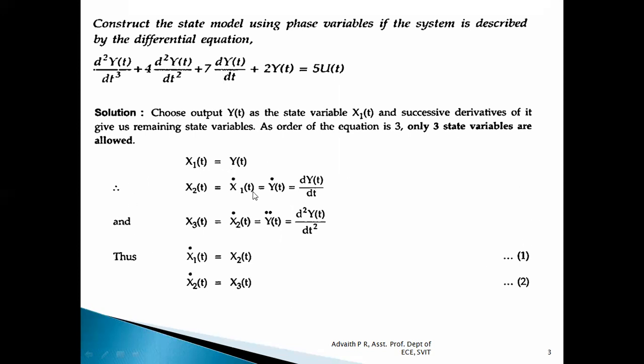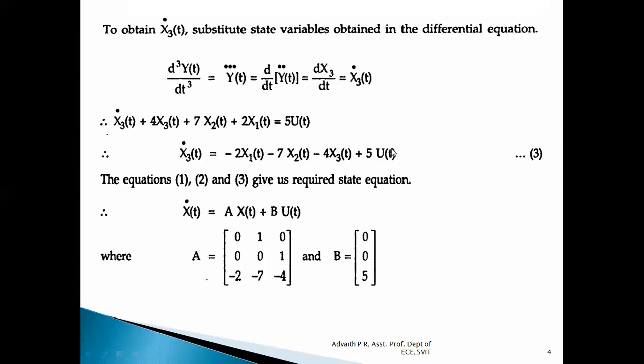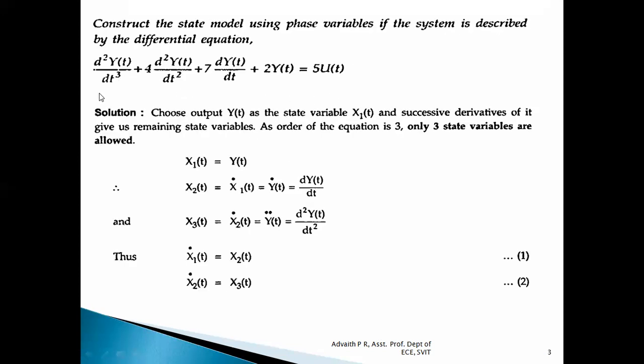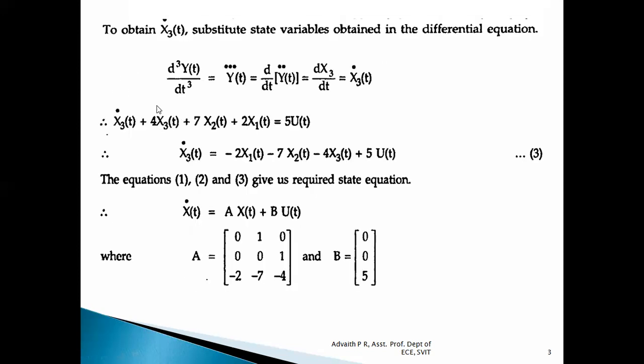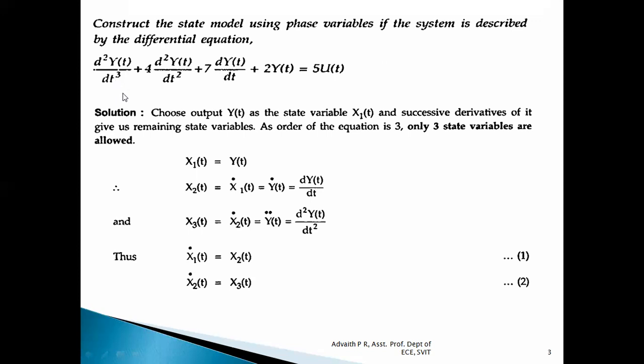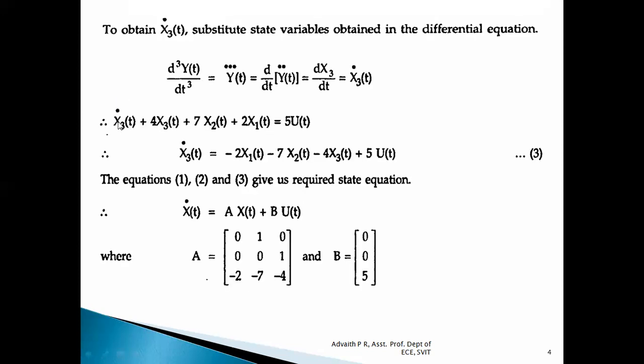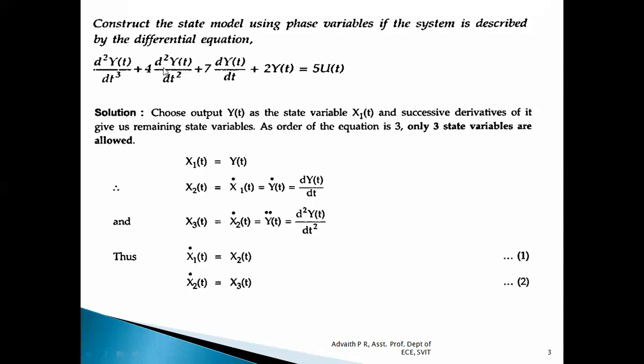Using all these equations which we have got, we substitute them in our main question. d cube y by dt cube, we have just found out as x3 dot of t, which is nothing but dx3 by dt. So in place of d cube y by dt cube, we substitute x3 dot of t plus 4 times d square y by dt square.